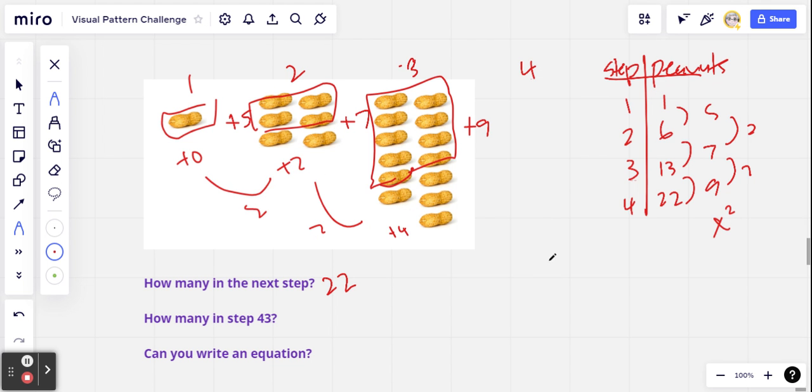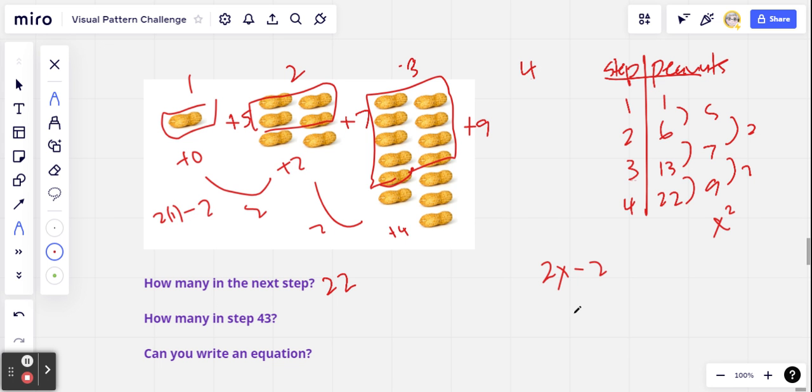So this is actually going to be 2x. And then to make it work in step 1, if we put in a 1 for x, 2 times 1 is 2. And that's 2 too many because we need 0. So we actually have to subtract away 2. So this part of the equation is going to be 2x minus 2. It's just this leftover part that I'm working on here.